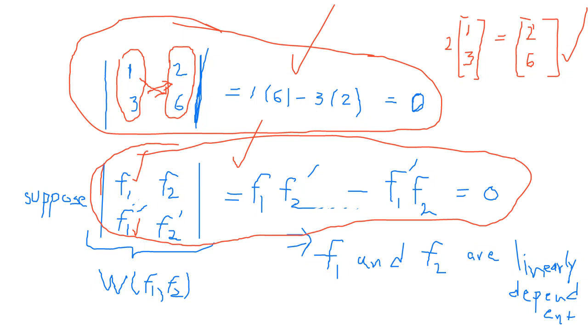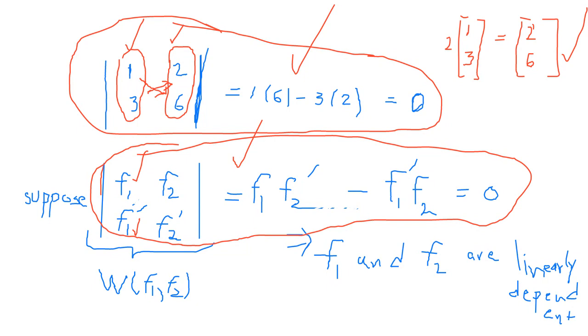The columns in the determinant are the function and its derivative, because the function and its derivative characterize the function, just like vectors are characterized up here. And if the Wronskian is not equal to 0, that's right, Michael, then the functions are linearly independent. That's exactly right.